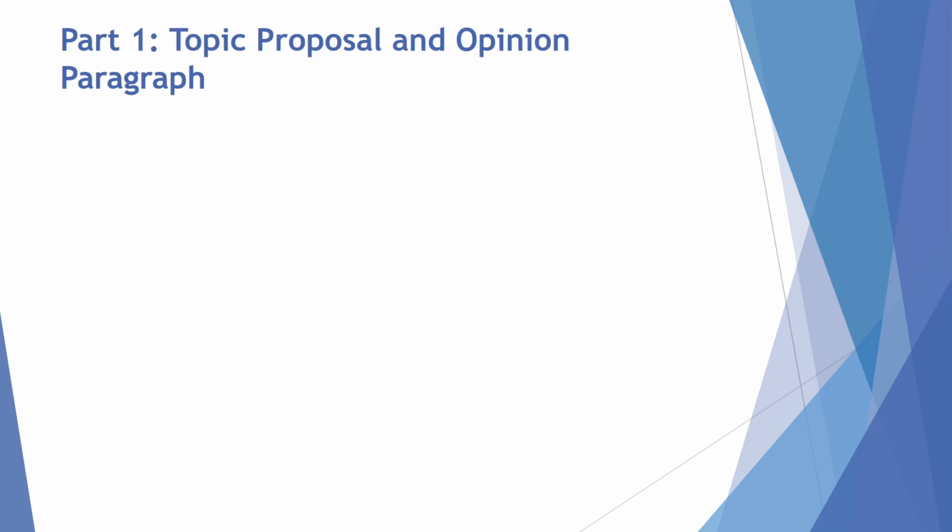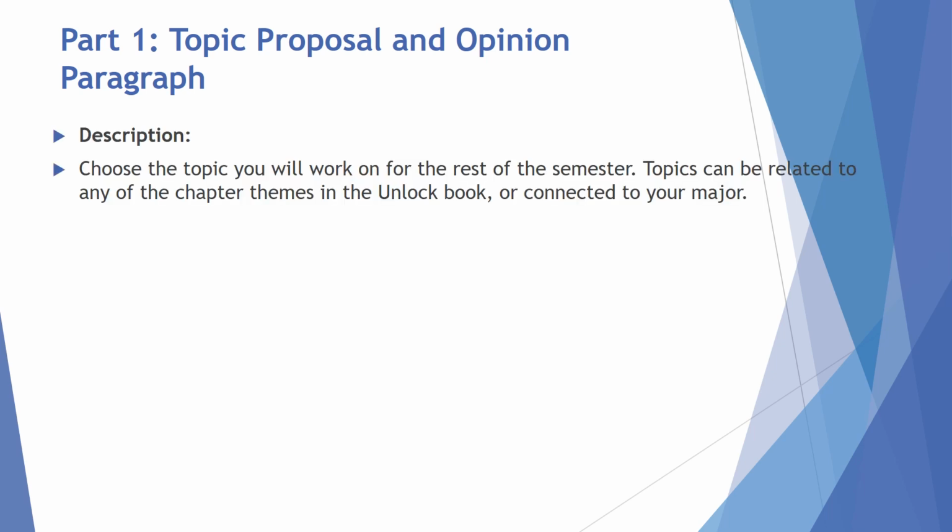So, the topic proposal and opinion paragraph. So, here are the instructions. Now please try to understand this because it's not easy. Let's go slow. Choose the topic you will work on for the rest of the semester in your writing test. Now, topics can be related to any chapter themes in the Unlock book or connected to your major.